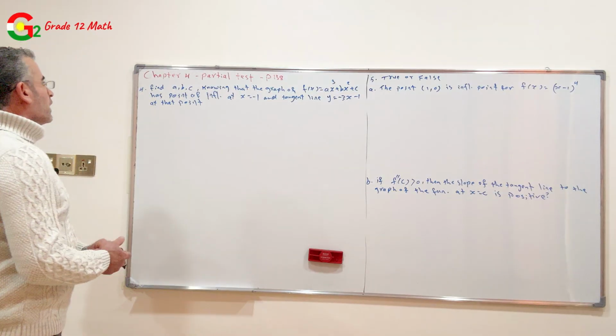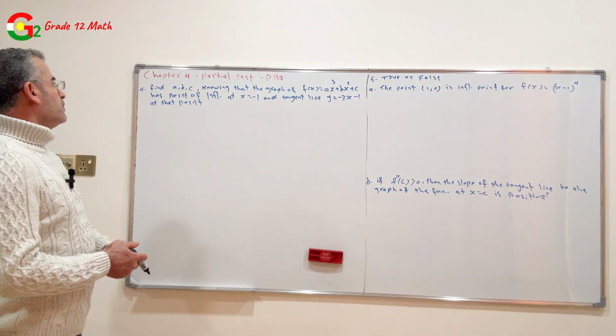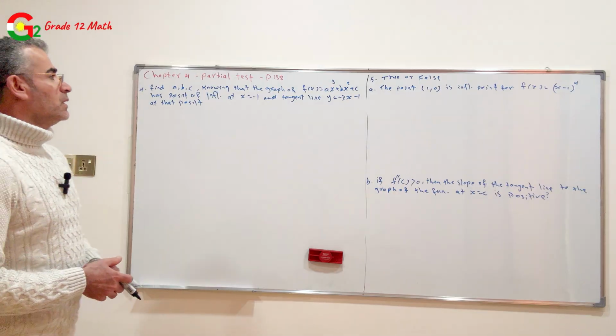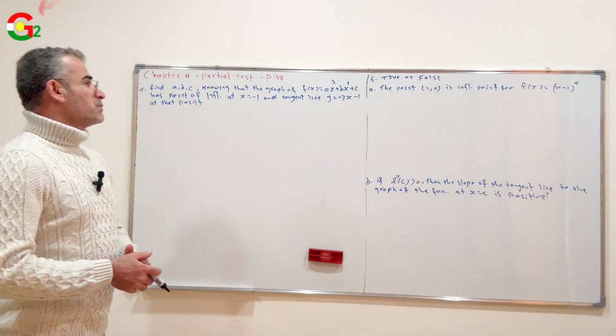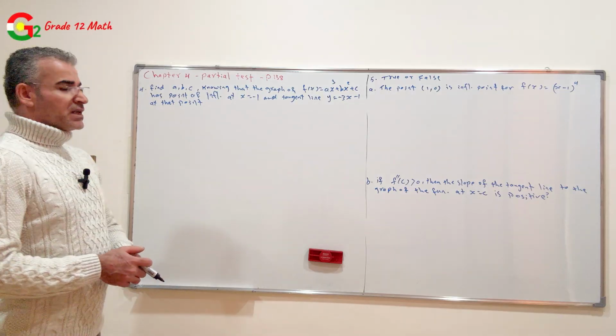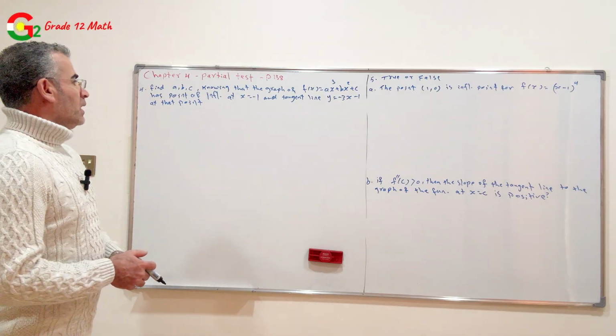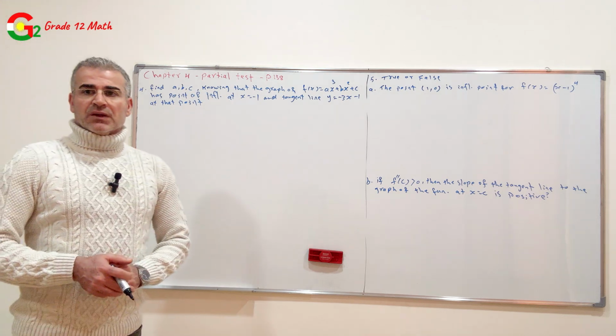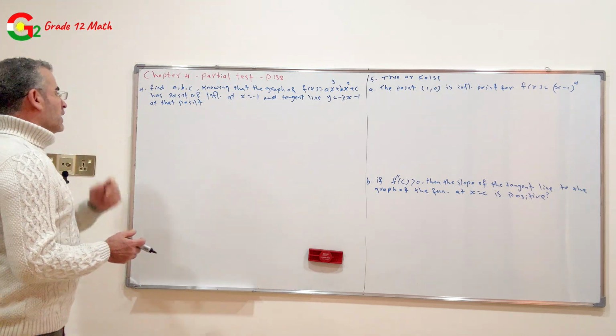Question number 4, find the value of a, b, and c, knowing that the graph of the function f of x equals ax power 3 plus bx power 2 plus c has a point of inflection at x equals -1 and a tangent line y equals -3x minus 1 at that point.